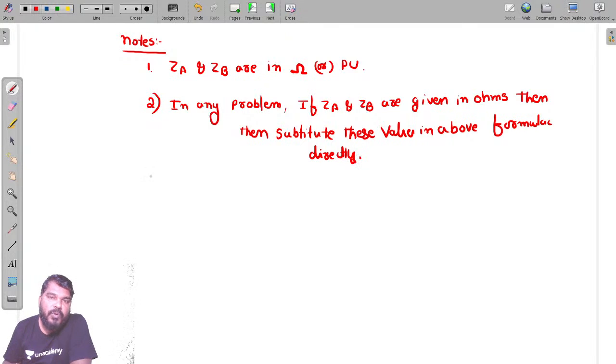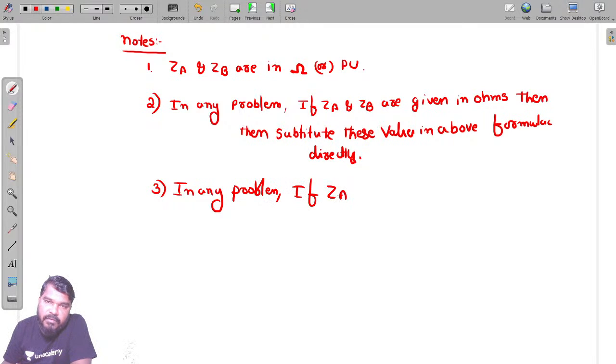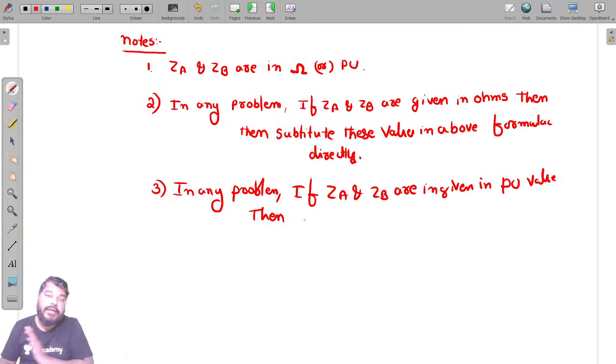But if ZA and ZB are given in per unit values, then don't substitute these values directly.